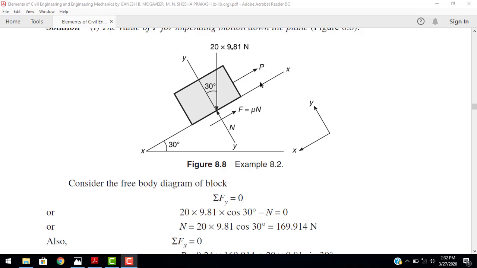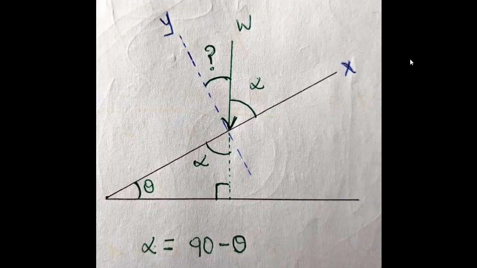With respect to this, the parallel forces acting are P and F, and these are all the forces in the x-axis direction. N is acting perpendicular to the plane, and this 20 into 9.81 is inclined to the y-axis at 30 degrees. So how is it 30 degrees? Here theta is equal to 30 degrees, and if I extend the self weight so that it touches the horizontal plane, it is at 90 degrees. The alpha value will now be equal to 90 minus theta, that is 30 degrees.